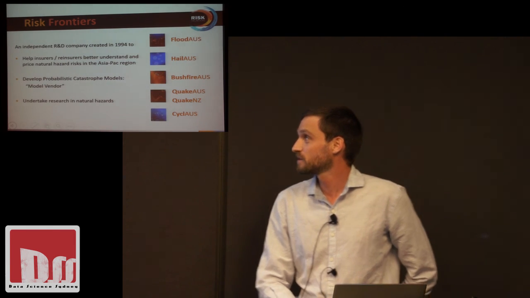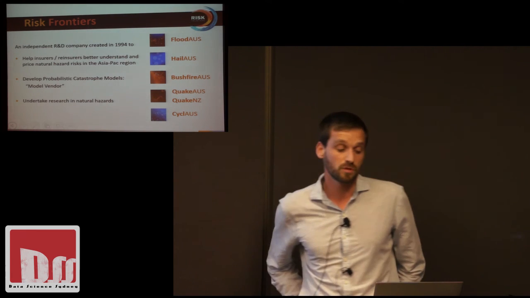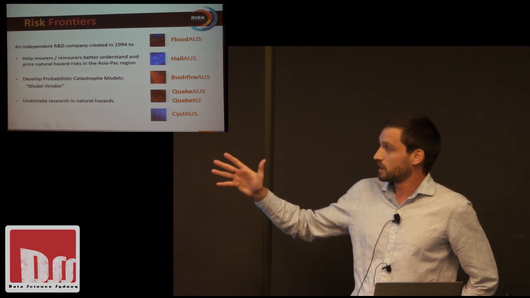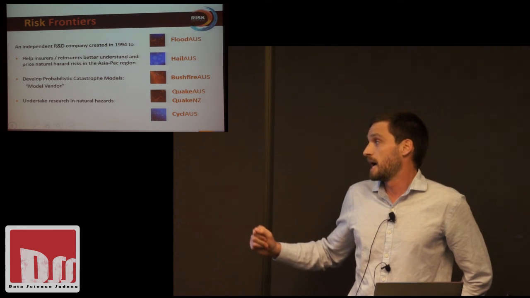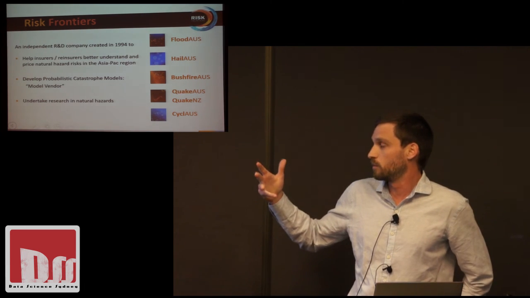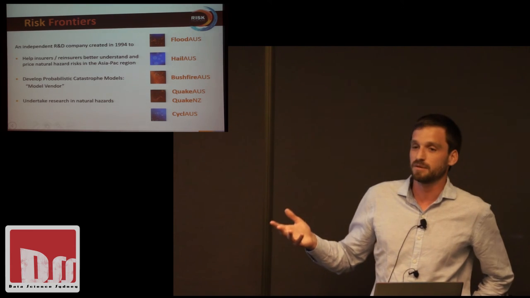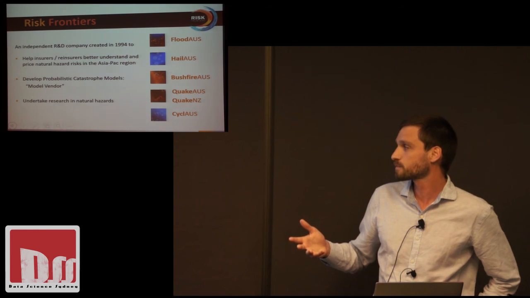The company I work for, Risk Frontiers, is an independent R&D company that's 22 years old now. Our core business is developing probabilistic catastrophe models, the so-called CAT models. In the jargon of the industry, we're called model vendors, and there are not many companies in the world that do that. I think I can count eight that would sell a model of that sort.